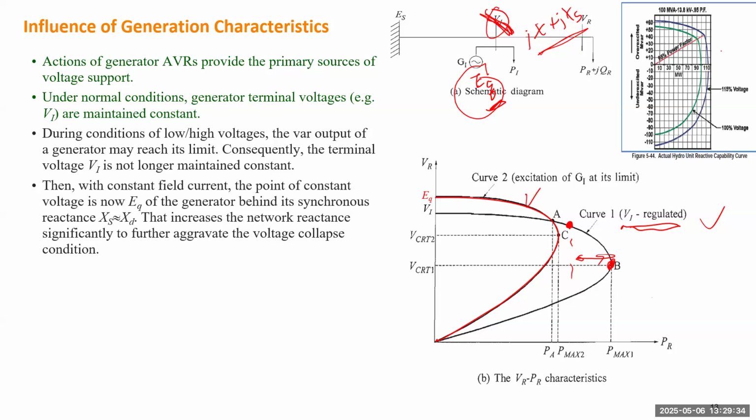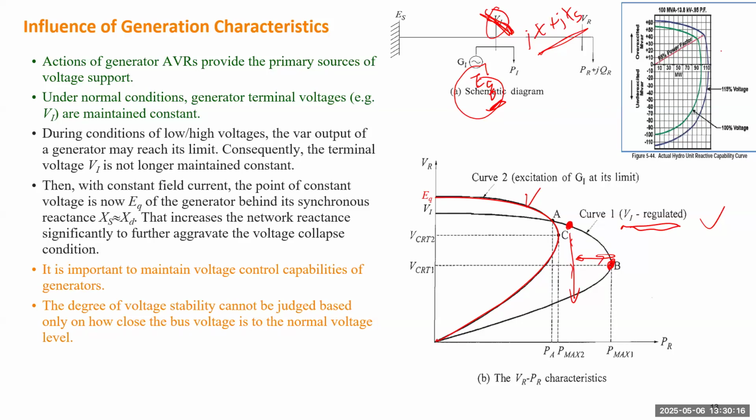So if that switch happens, your operating point will suddenly become unstable, because the original PV curve had a certain distance to the critical point. But if the system switches to the new PV curve, it's already beyond the limit. So the system can become unstable. So the operator needs to be aware of when such switching can happen. Really it depends on how the field current limiter is designed for the generator.